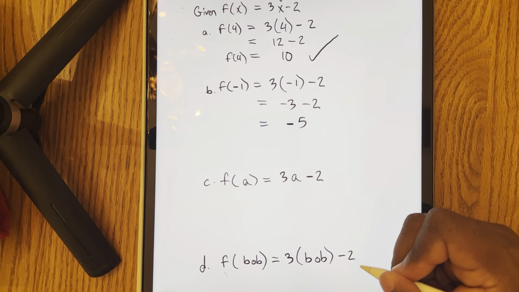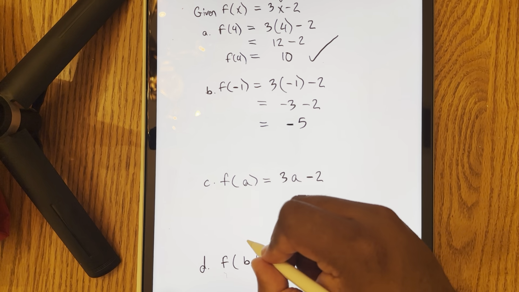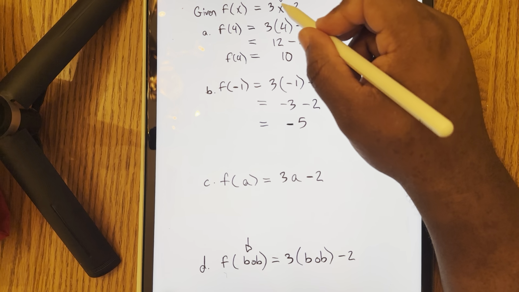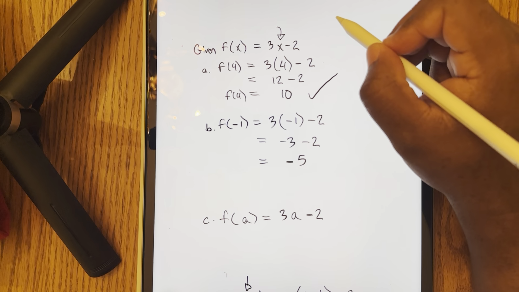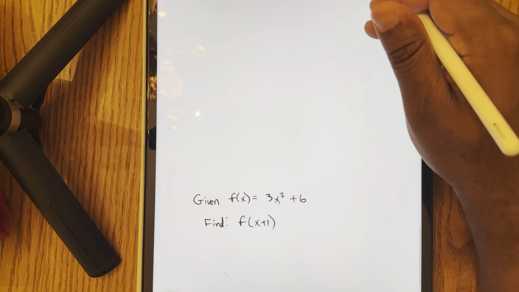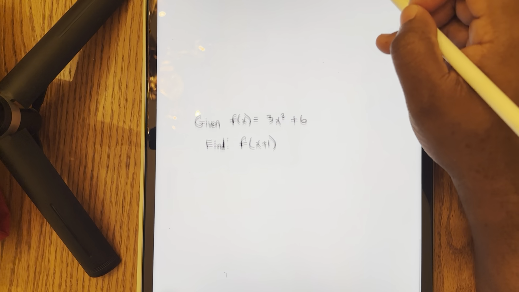That would be my final answer, right? So whatever is inside these parentheses is replacing the original x or input that you were given at the beginning of that question.